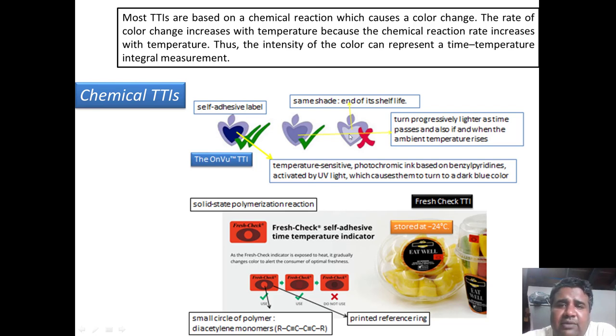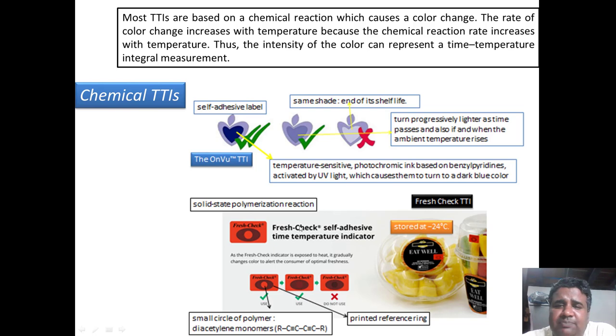Ultimately it will fade and match the outside shade, or be even lighter than the outside shade. If this condition happens, it indicates that the shelf life of the product has gone, or it is the end of the shelf life of the product.